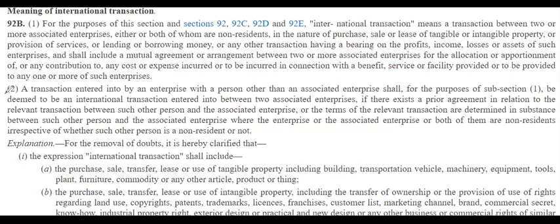Now, subsection 2 deals with deemed international transaction.